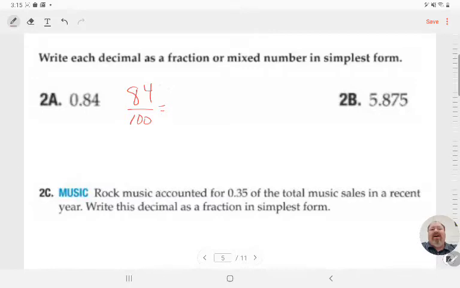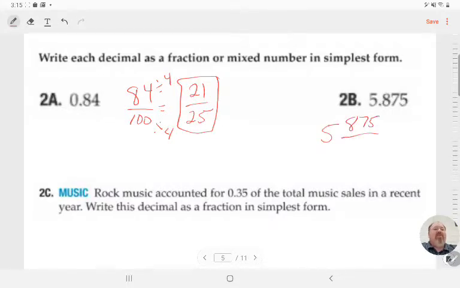I could divide the numerator and the denominator by 4, and I'm going to end up with 21 over 25. And then the next one, I have 5 and 875 thousandths. So 5, and then I'd put 875 over 1,000.